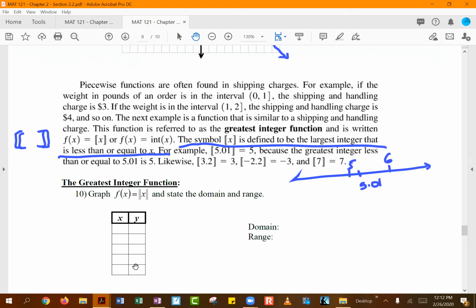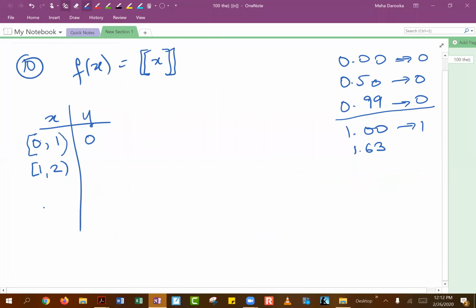But then 0.5 would be in the less than category, and that's why he's going to 0. 0.99, even though it's closer to 1, the integer less than it is 0, so that's why 0.99 is also going to 0. But the moment I get to 1, now 1 is an integer, which means 1 will equal itself. It won't equal 0 anymore. So that's why we are not including 1 in this little interval.